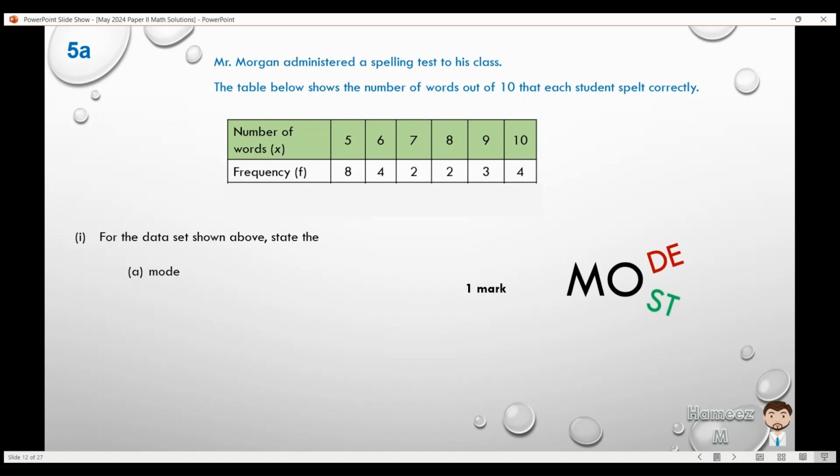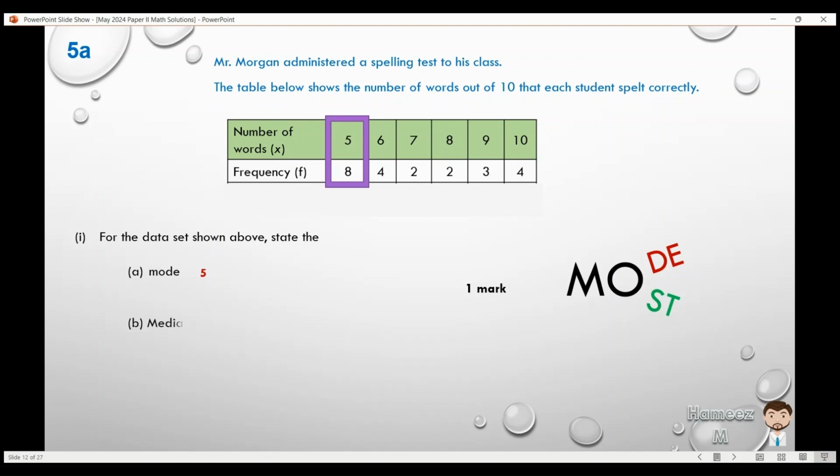So we look at which one is most frequent, and we can tell that out of the frequencies, 8 was the highest, which indicates that there were 8 students who were able to spell 5 words correctly. And that is more than any of the others. As such, the mode is 5. The mode is not the amount of times it appears, but which one appears the most.